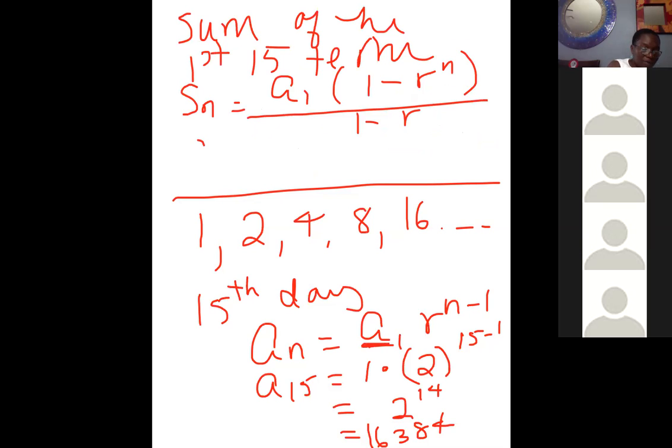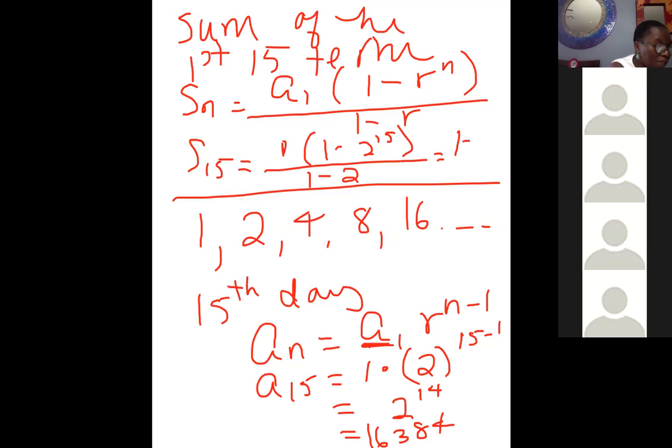So you go into your formula, S sub 15 is equal to the first term, which is 1, times 1 minus r, which is 2, raised to the 15th power, over 1 minus 2. So in the numerator, you'll be left with 1 minus 2 to the 15th. And in the denominator, guys, 1 minus 2 is negative 1.